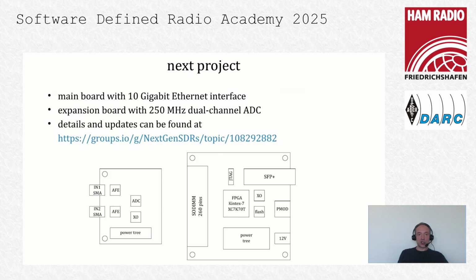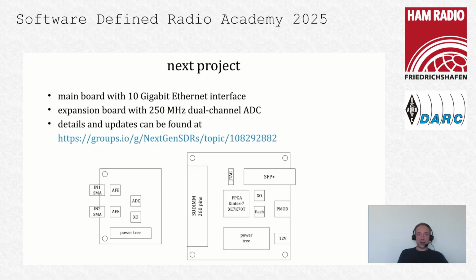And the expansion board this time should have a faster ADC and with more inputs, basically 2 inputs with 250 megahertz sampling rate. The details and discussion of this project can be found on the next-gen SDR mailing list at the link shown on the slide.